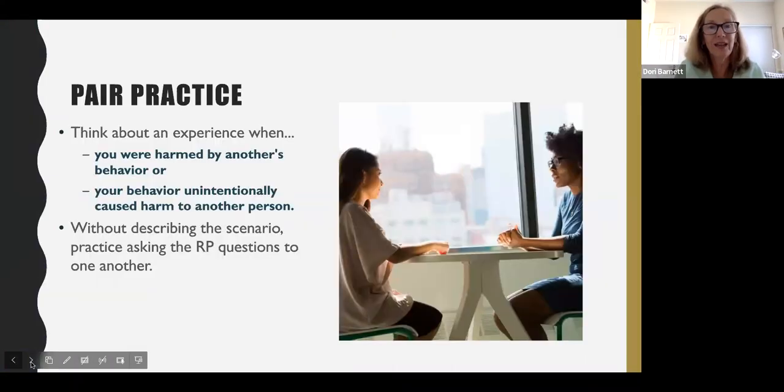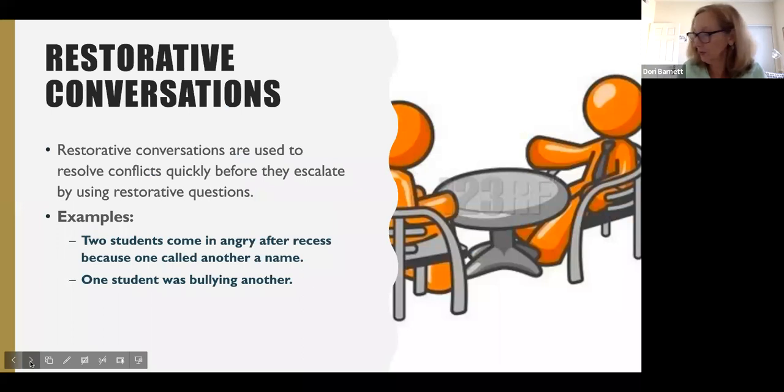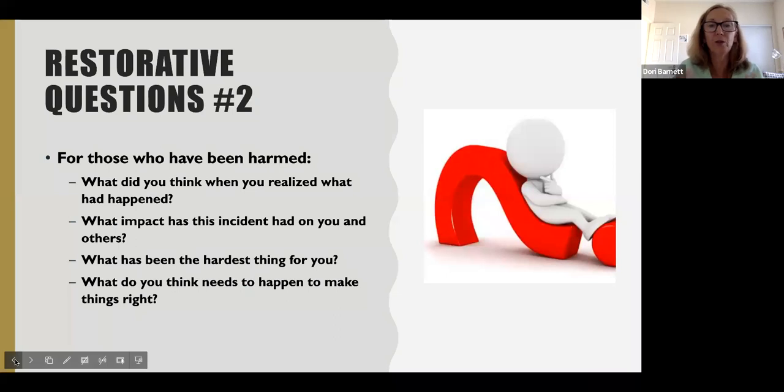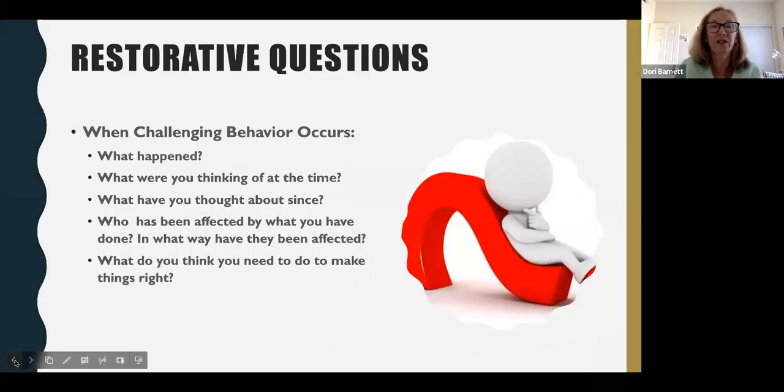So that's an example. I'm going through quickly right now, just in the interest of time, but an example of how you can use those questions with two students. You can use them with a family member. Something as simple as, maybe your daughter borrowed your best blouse and didn't take care of it.